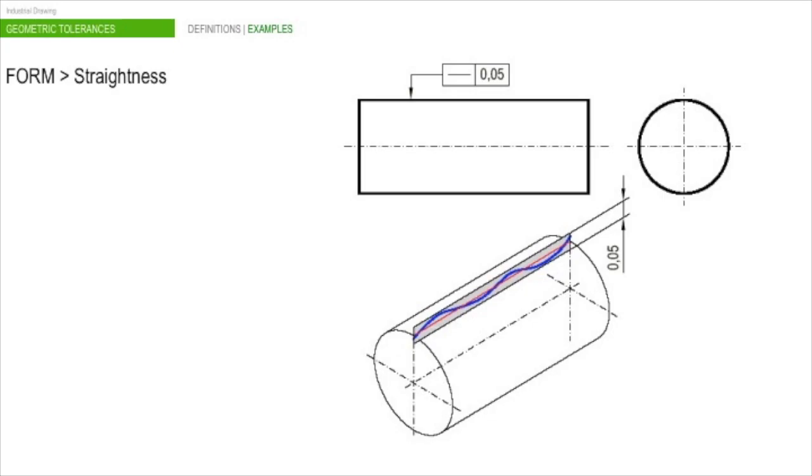Now, let's go into detail about the characteristics. First, we have the straightness characteristic. The straightness of the feature, in this case the generatrix of this cylinder, must be within a 0.05 mm tolerance zone.